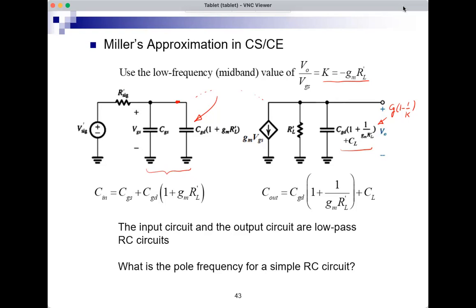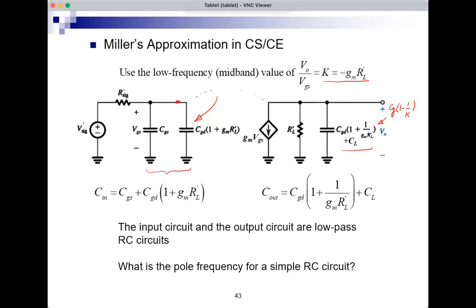The output circuit is also a low-pass RC circuit because I can transform the current source in parallel with R'L into a voltage source in series with R'L, and it becomes just like the circuit at the input, with a resistor R'L and a capacitor equal to Cout, which is CL plus CGD into 1 plus 1 over gm R'L. So that's good. I now have two LP STC circuits.